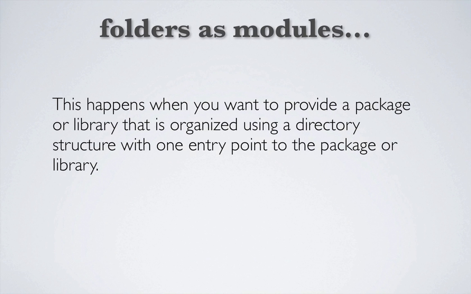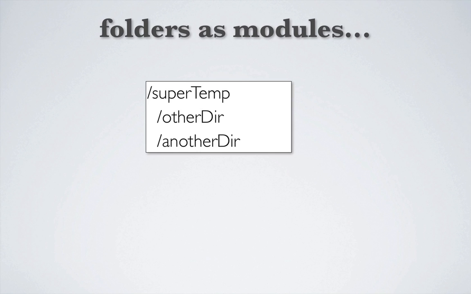The final area I want to look at is using folders as modules. This happens when you want to provide a package or library that is organized using a directory structure with one entry point to the package or library. For example, let's say you have a new templating library called supertemp, and all of its supporting modules will be installed in the root of supertemp. You could require the library by using the following.